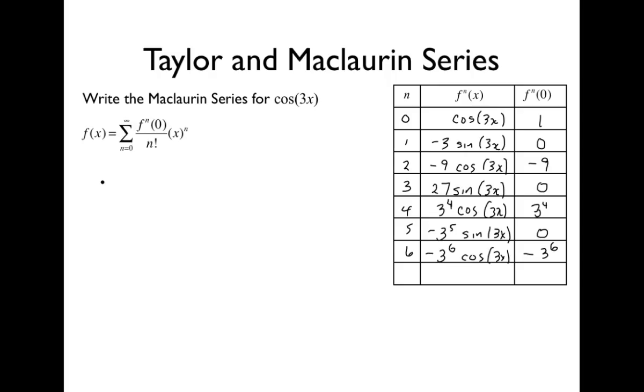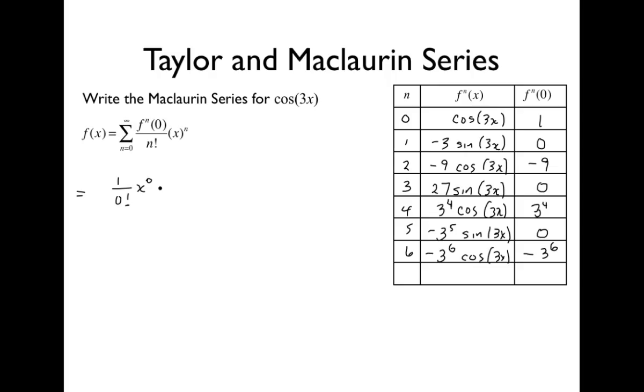Okay, so here we go. When n equals 0, we have the function evaluated at 0, which is 1, over 0 factorial times x to the 0. When n equals 1, notice what happens. Our first derivative was 0.